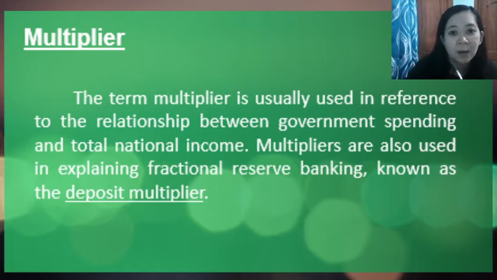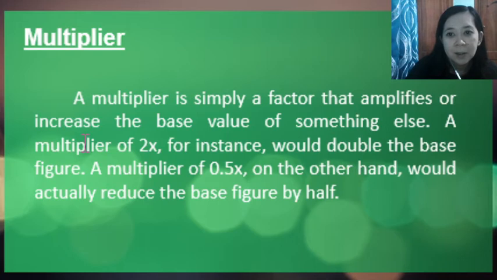As we go along, we will discuss the different types of multipliers. A multiplier is simply a factor that amplifies or increases the base value of something. In our previous slide, we mentioned the two factors, if you still remember. A multiplier of 2 times, for instance, would double the base figure, from the term multiplier, multiply.